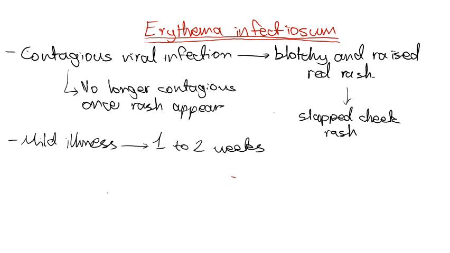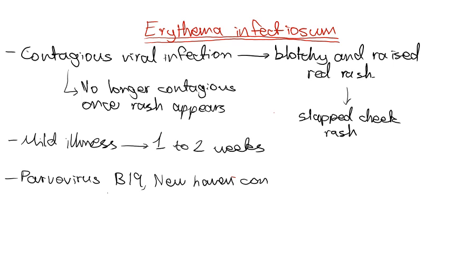And there are 2 main causative agents that have been identified so far as to cause erythema infectiosum. One, which you may have heard, is called parvovirus B19, and a less common cause of erythema infectiosum has been identified to be New Haven coronavirus.